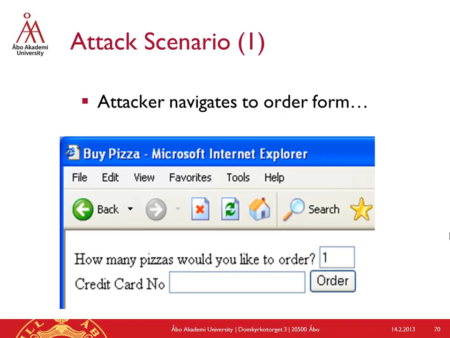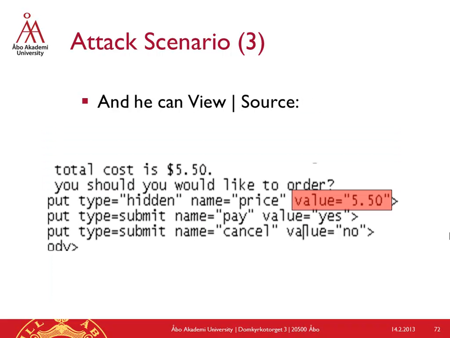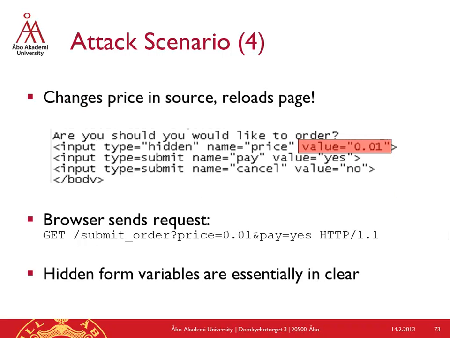The attacker may navigate to the order form, specify how many pizzas he or she wants, submit the credit card, and be navigated to a form where the total price is shown, and he or she will just need to press a button, yes or no. The resulting part of the code will include the price, and the user can change this price in the code itself.